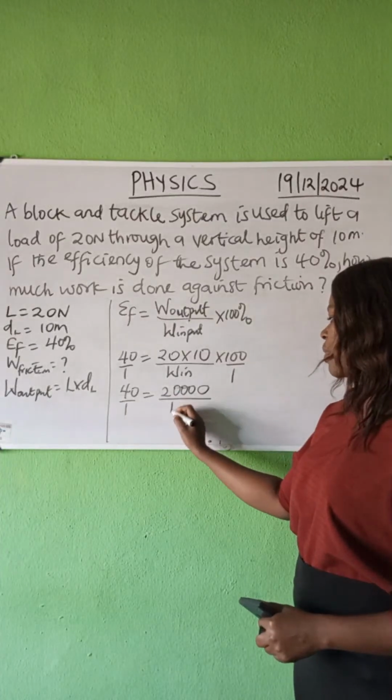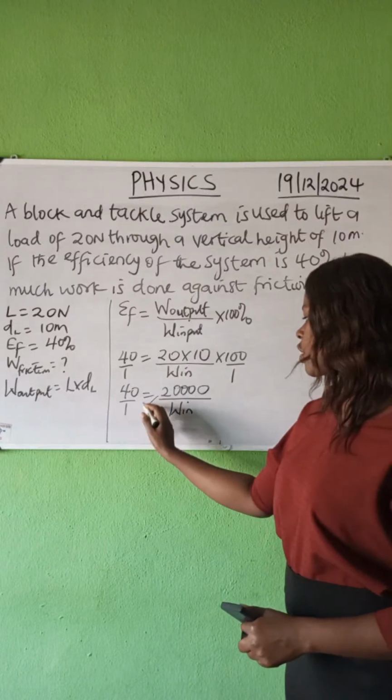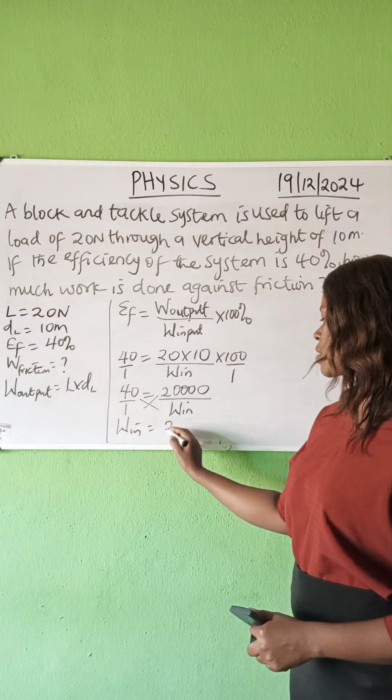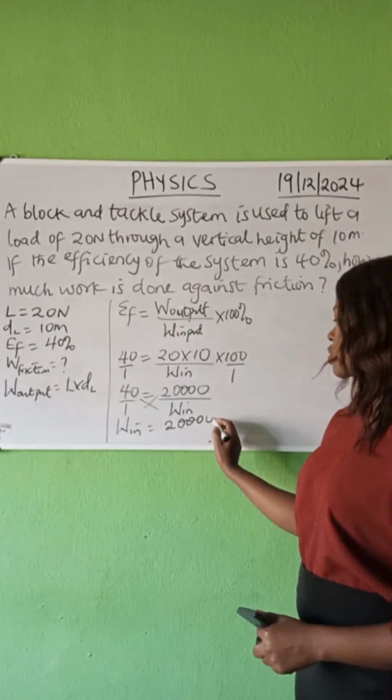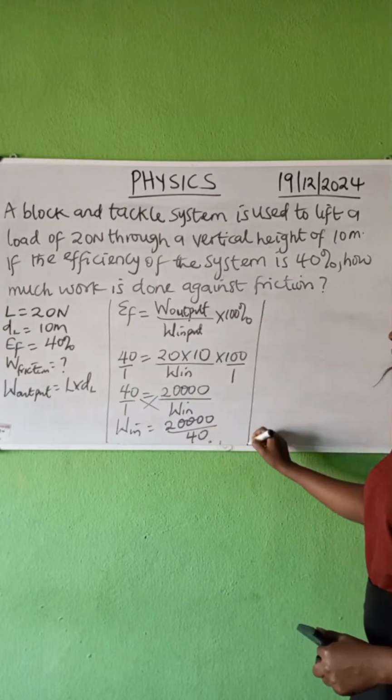You divide both sides by the work input, so we cross multiply. The work input is equal to 20,000 over 40, right?